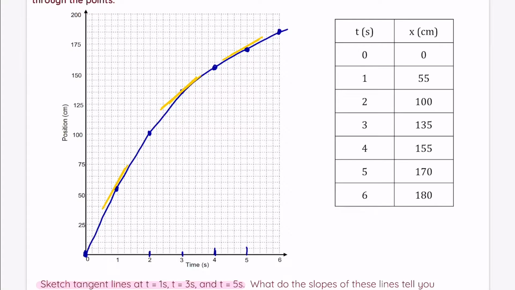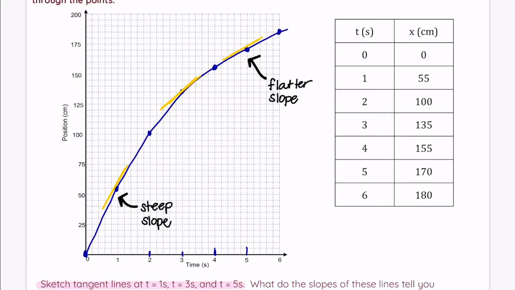And so we see here that we have this starting point right here, and we see that this is kind of a steep slope. And over here, we see that the slope is now a little bit flat.